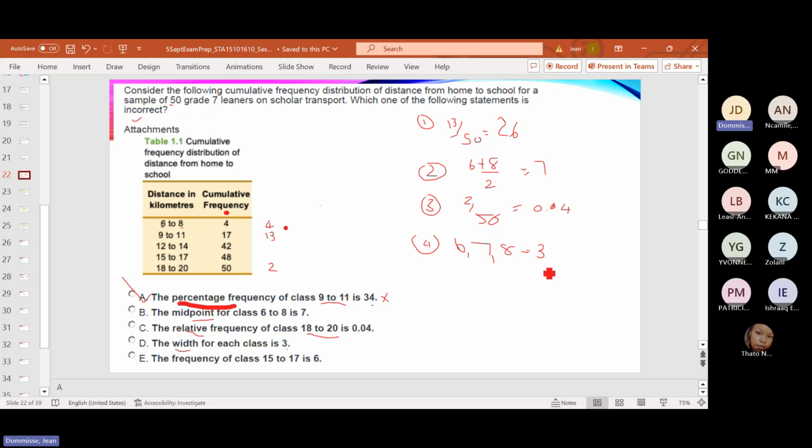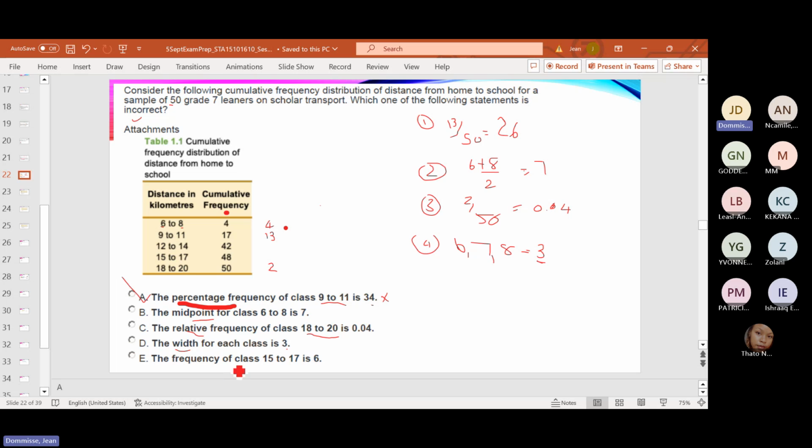So that's why we look at the width to say it is not just 6 to 8, and that's why it's not only 2. You're actually including a lot of other numbers after 8 as well. So you can nearly say how we work it out is rather to say 9 minus 6. That will give your class width.